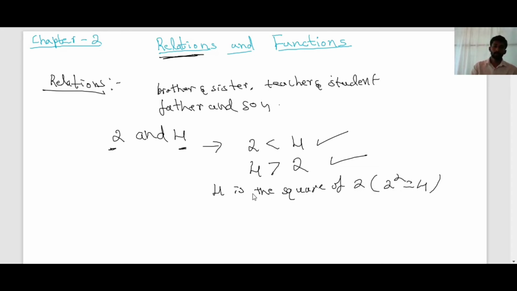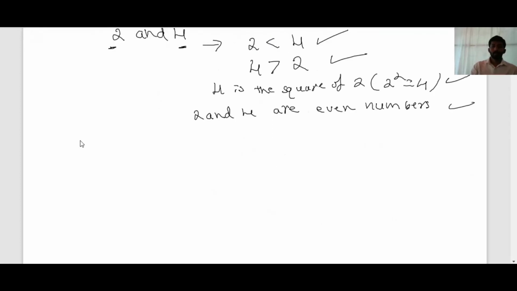This is one more relation. Or you can say that 2 and 4 are even numbers. This is again one more relation. Such so many relations are there. Or you can say that 2 and 4 are not even numbers. Again, this is one more relation.